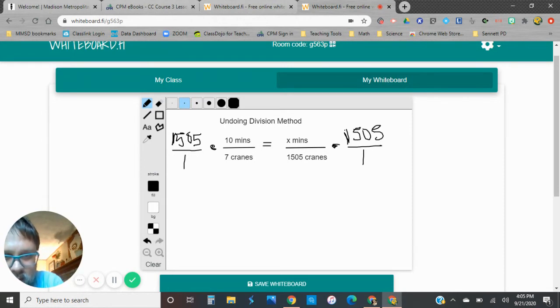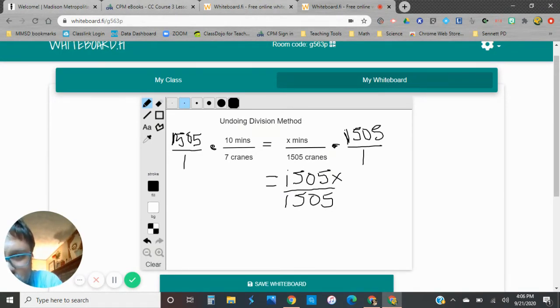So on the right-hand side, I'm going to go x times 1,505. So that's going to be 1,505x, and the x means multiply. And for the denominator, 1,505 times 1 is just 1,505.